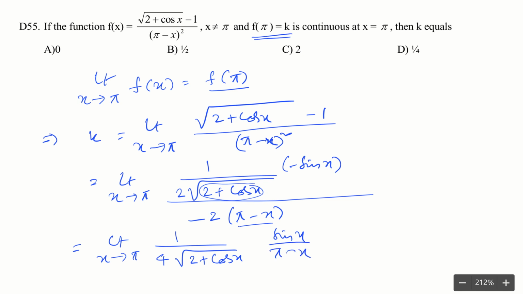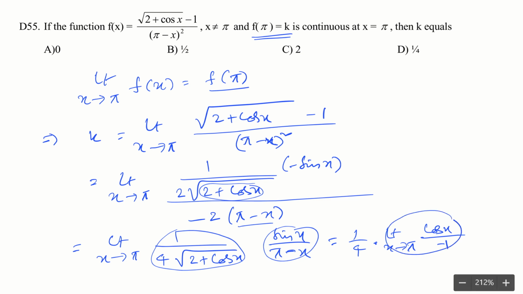I want you to observe that for this part there is no problem, and for that part the limit is nothing but 1 by 4 into, for this part again we apply L'Hopital's rule as it is 0 by 0 form. So I get cos x by minus 1. After applying the limit, you can see that it is 1 again. So the answer is 1 by 4.